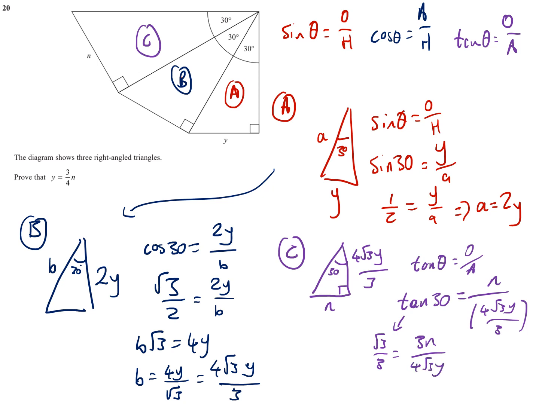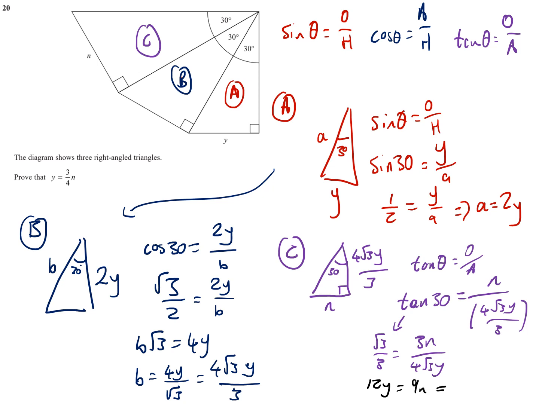Okay. Let's cross multiply there, running out of space quite quickly. If we cross multiply, we get 4 root 3 y times root 3 on the left, so that becomes 4 times 3, which is 12y, and on the right-hand side we get 9n.